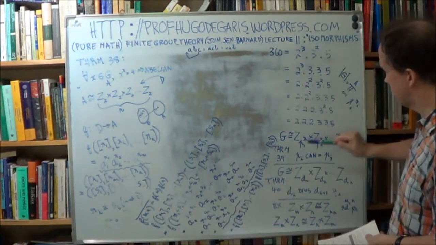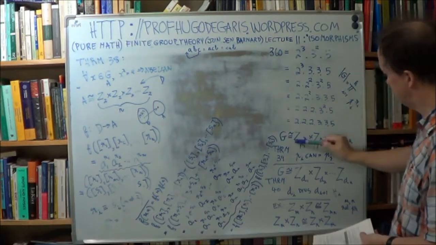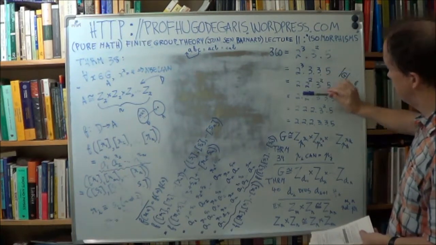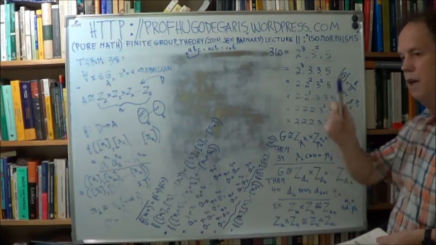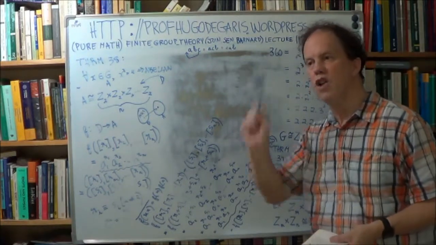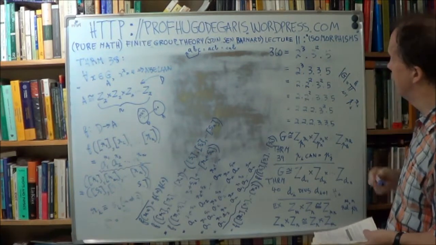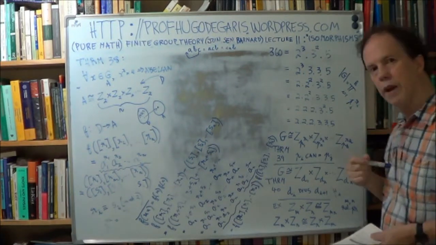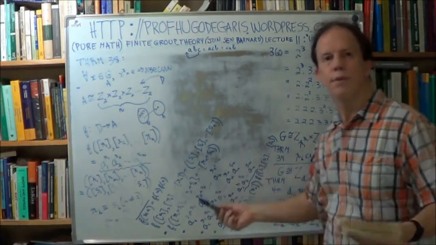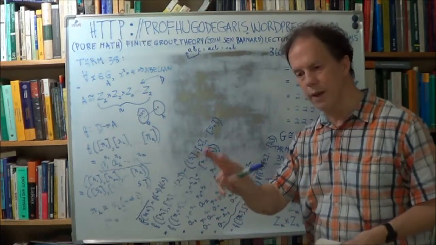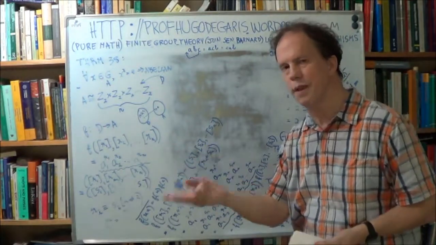That each of these groups, of this form, each of these 6 are mutually non-isomorphic. There is no two of these 6 that are isomorphic. They're all different groups. Remember, if you have two groups that are isomorphic, they're really just the same group.